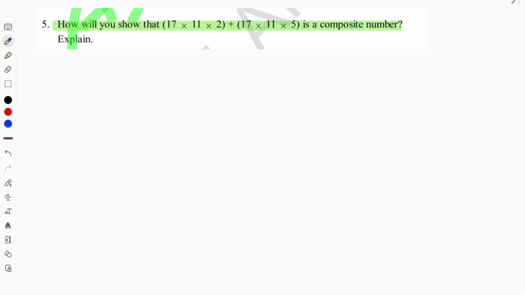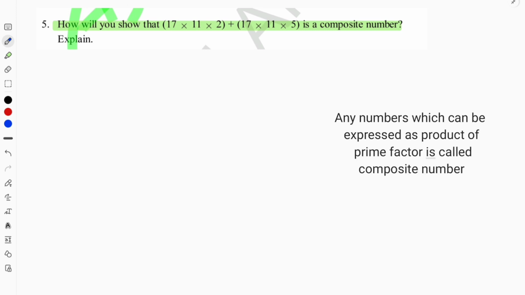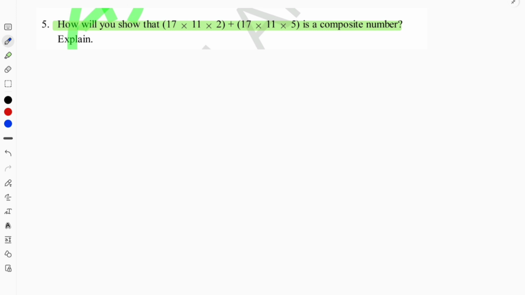How will you show that 17 into 11 into 2 plus 17 into 11 into 5 is a composite number? Explain. We know the definition of composite number: any number which can be expressed as a product of prime factors is a composite number. हमको प्रूफ करना है कि ये जो नंबर है प्रोडक्ट ऑफ ए प्राइम फैक्टर्स. नाउ let's solve the problem.